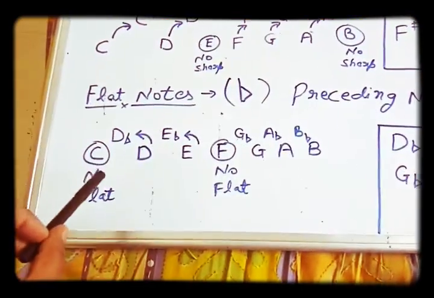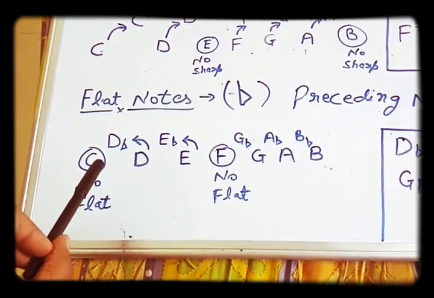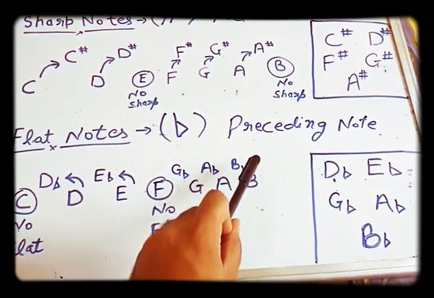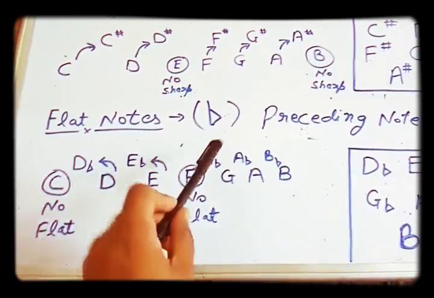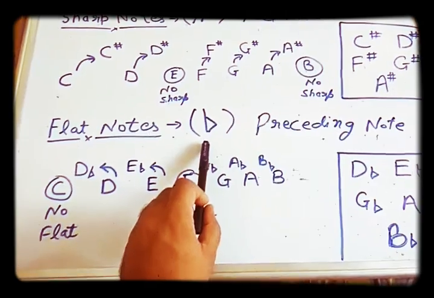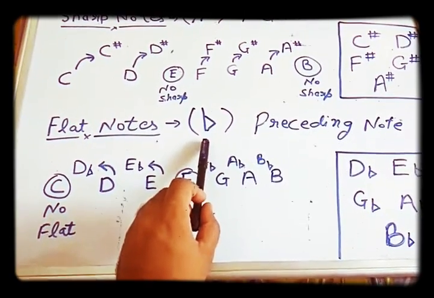Flat notes. Flat notes mean the previous or preceding note, and they are represented by the sign of a small b, the lowercase b.